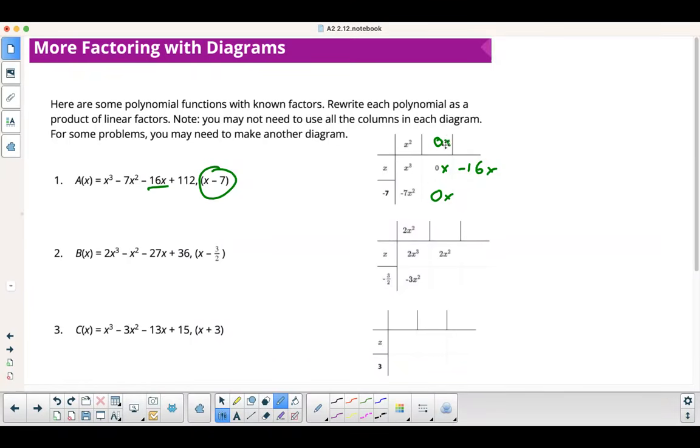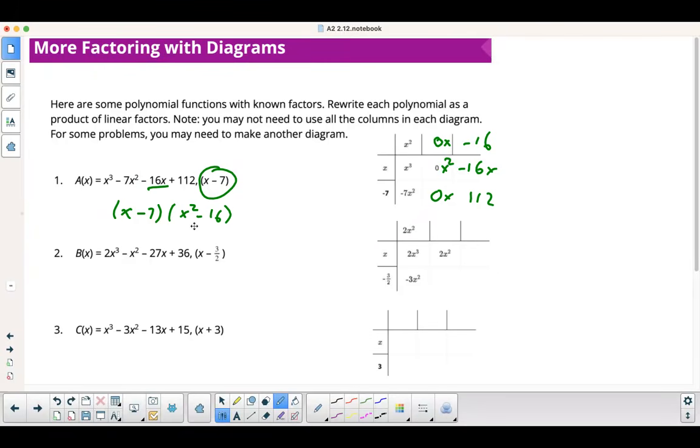So you think of it like 0x squared, which we can just say 0. I'm sorry, that would be 0x, because we want this to be 0x squared. So I'd have to multiply that by -16, and then I can multiply that here, and I should get 112, which I do. Okay, so we now have it down to x minus 7 times x squared minus 16.